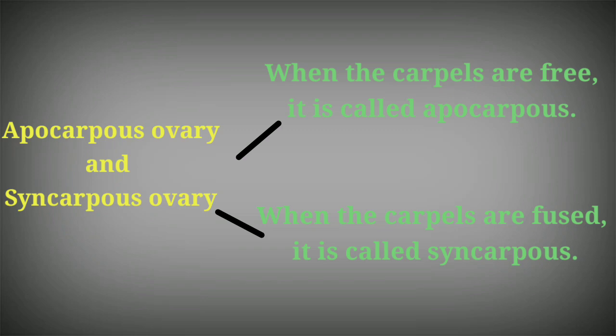The arrangement of the placenta is not the same for all types of flowers. The arrangement of this placenta, from where the ovule develops or to which the ovule is attached within the ovary, is called placentation.